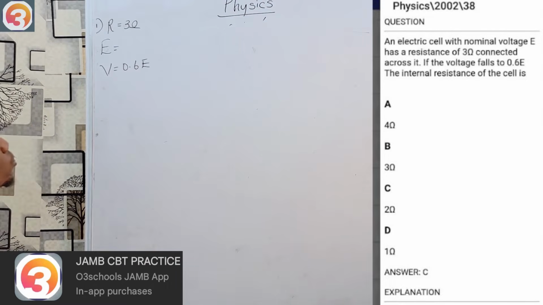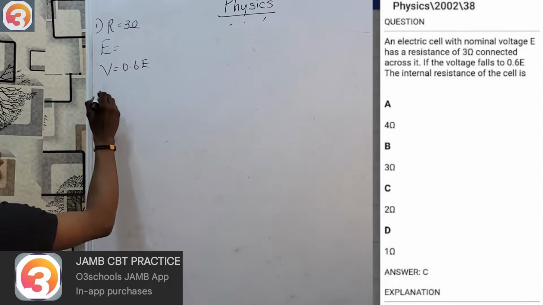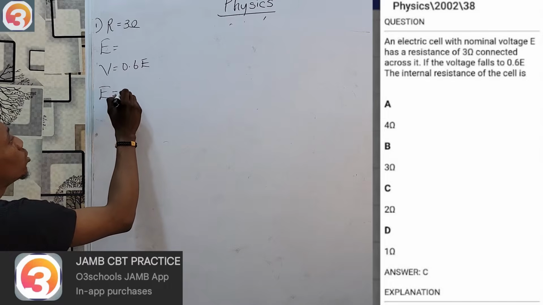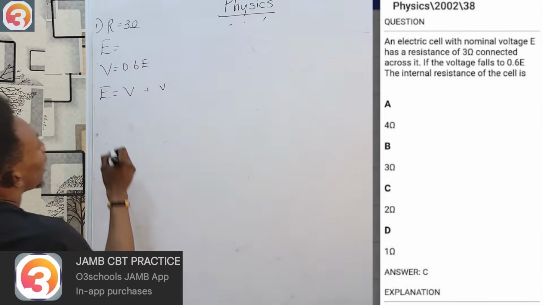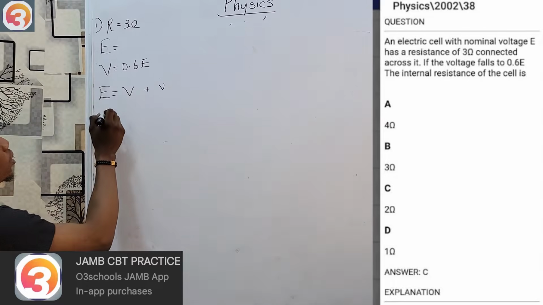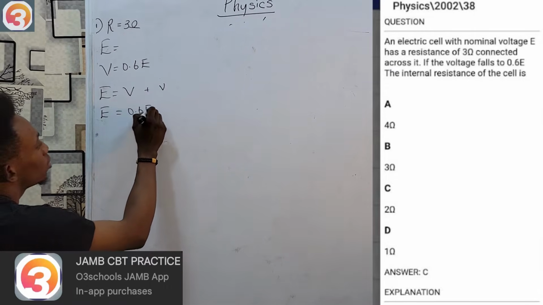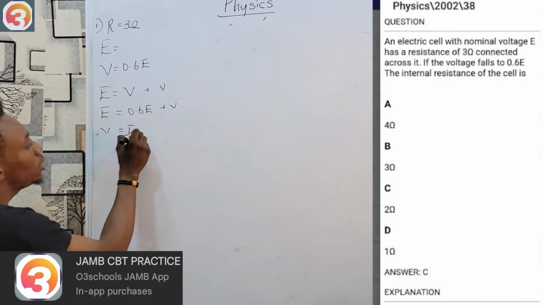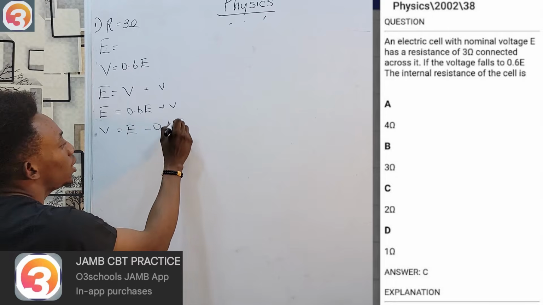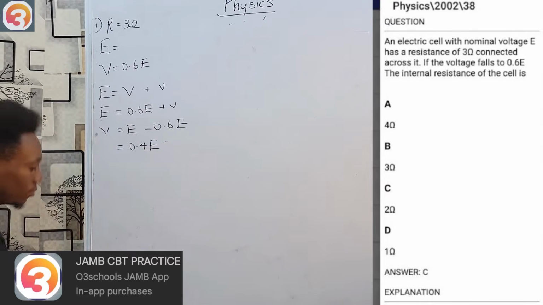Now, the question becomes, what can we do based on what I have? I can say E equals big V plus small v, and E equals 0.6 E plus small v. Small v must be E minus 0.6 E, which will be 0.4 E.